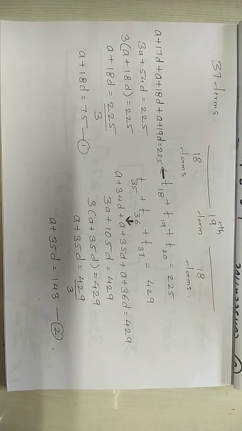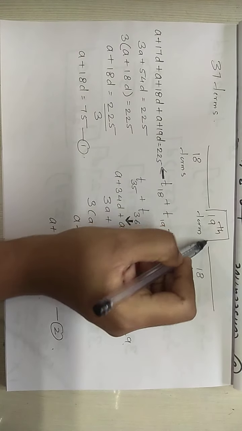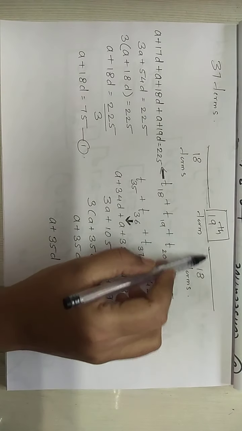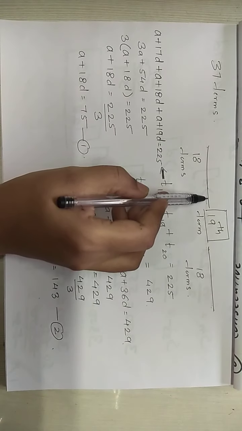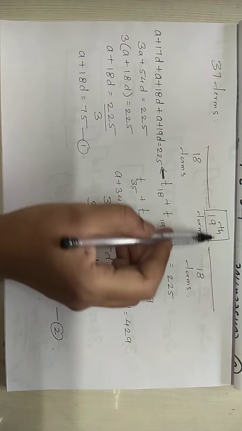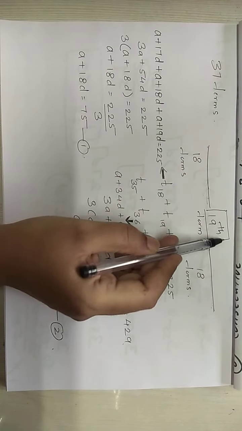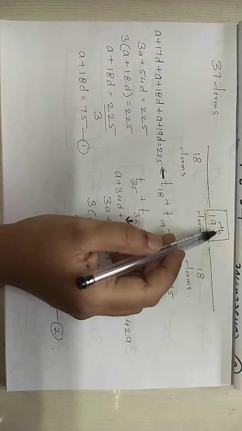You get 18 and a remainder of 1. So the 19th term will exactly be in the center, with 18 terms on this side and 18 terms on this side. So these 18 terms will become 36, and the 19th term added will make 37 terms. So this is the center term of the 37 terms, the 19th term.